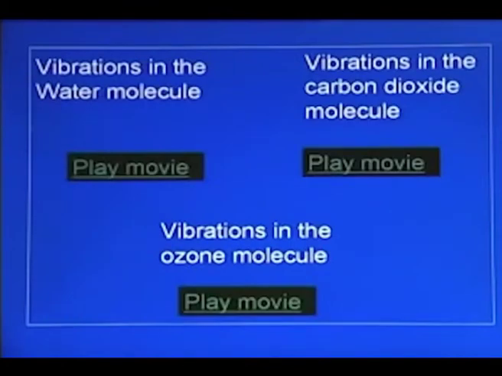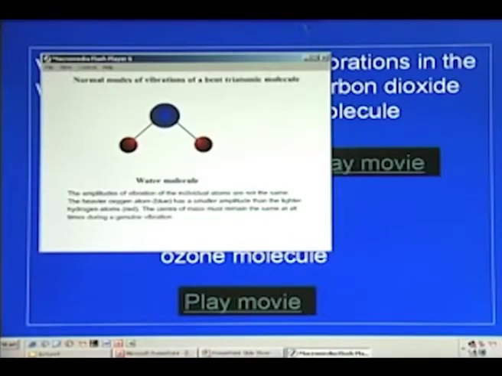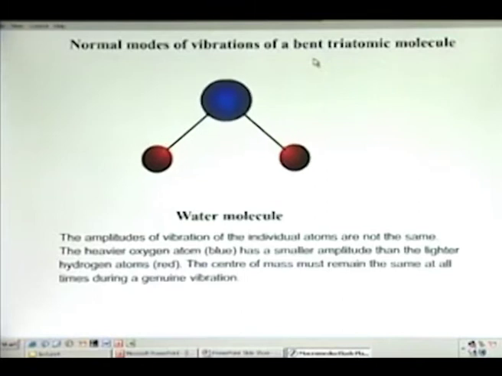Okay. You can perhaps recall simple models of vibrations of simple molecules like the water molecule or carbon dioxide. Let me just play one movie here. What are called normal vibrations of a bent triatomic molecule, the water molecule.